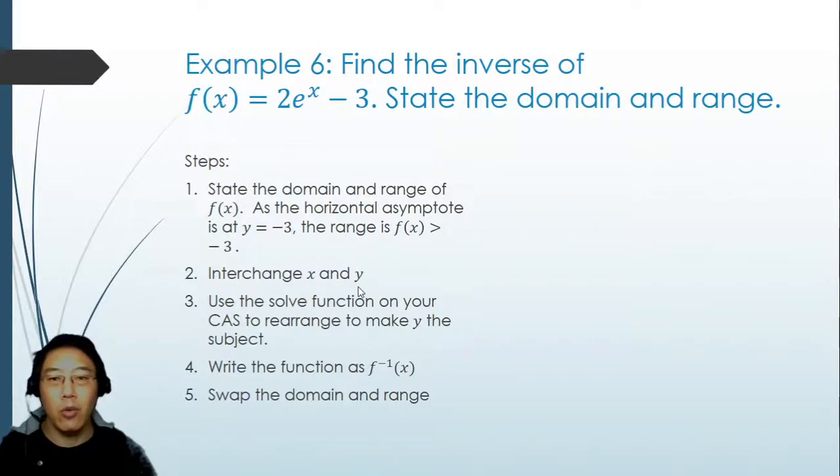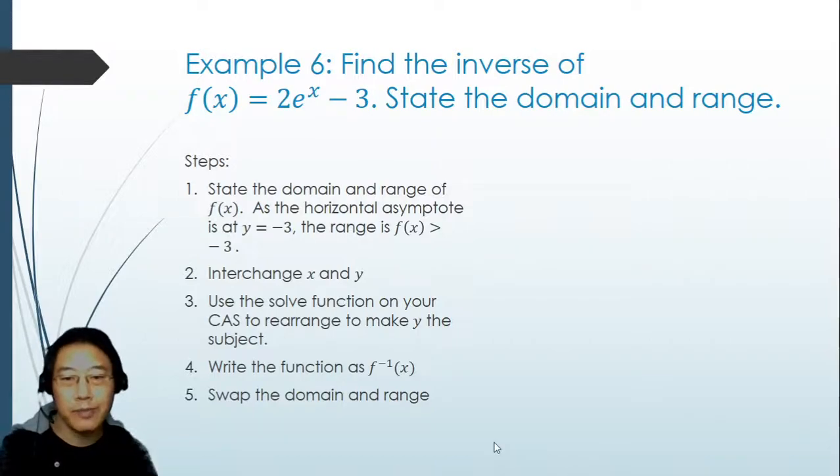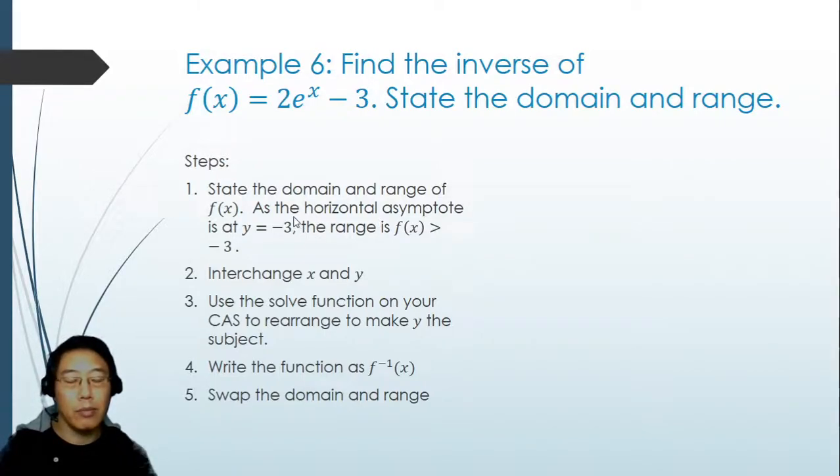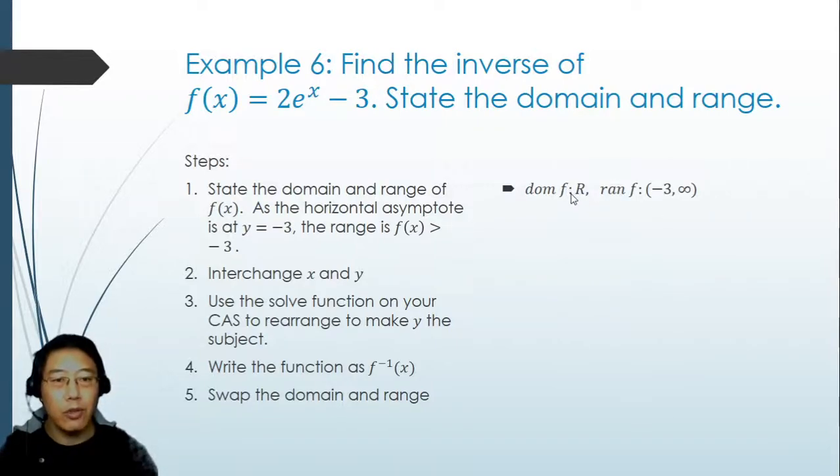You interchange x and y, and you rearrange the equation to make x the subject, and that will give you your new function, which is going to be your inverse, and the domain and range will be the swapping around of the domain and range of f. So you have your domain and your range. You have your function in terms of y being the subject.